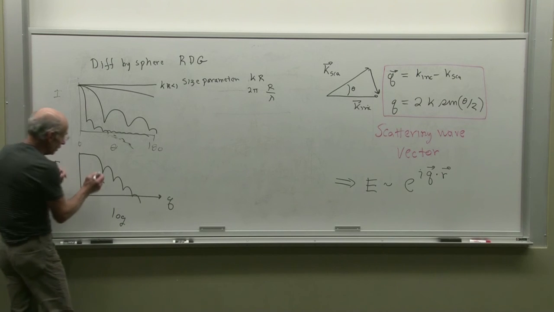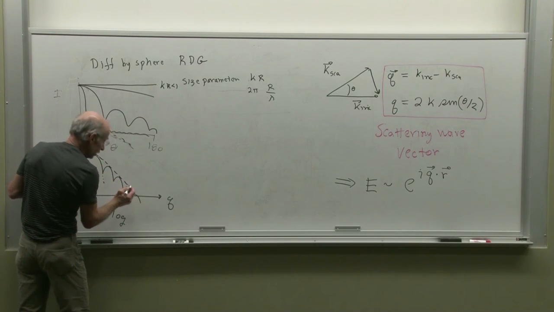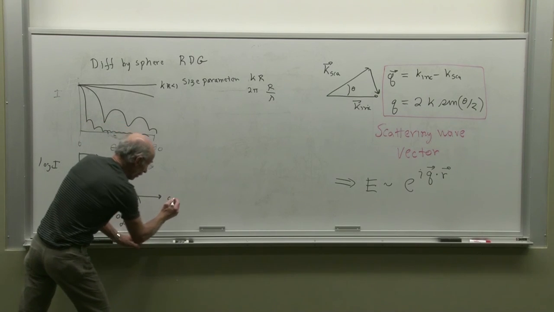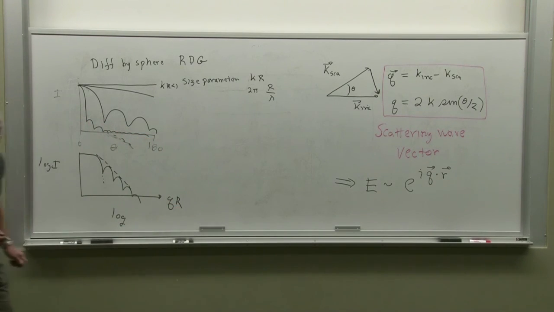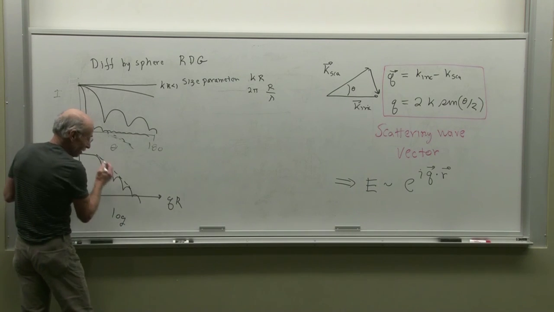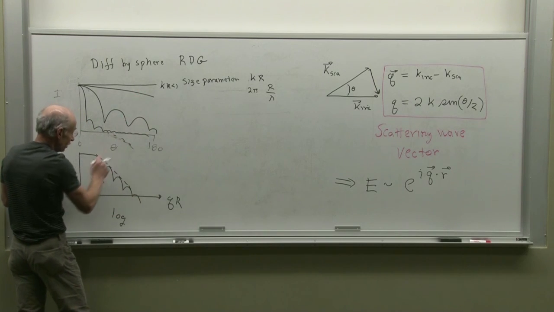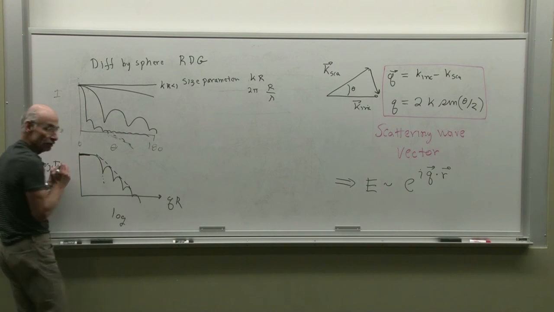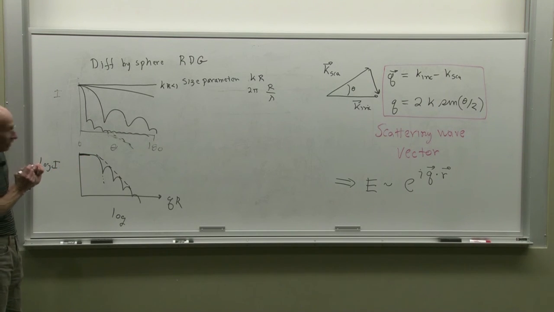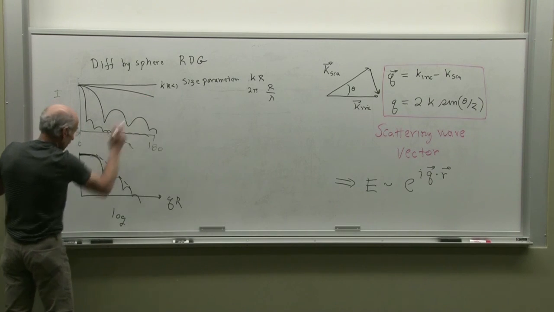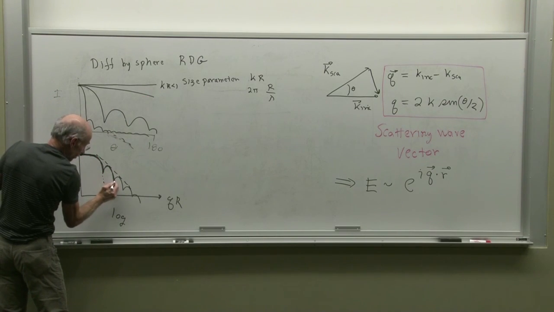Okay? And I should point out, let's be smart and plot this versus QR, dimensionless. If we plot versus QR, all these size parameters are here, but the small size parameter will only be here, the next biggest size parameter will do this, and big size parameters will go out to here.